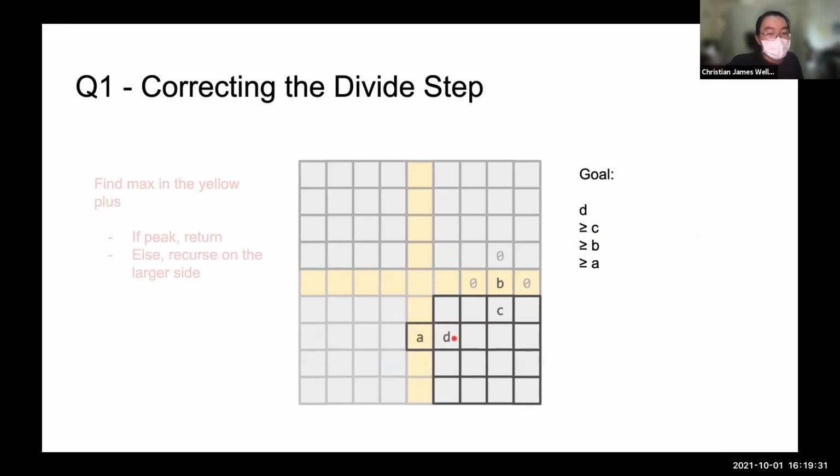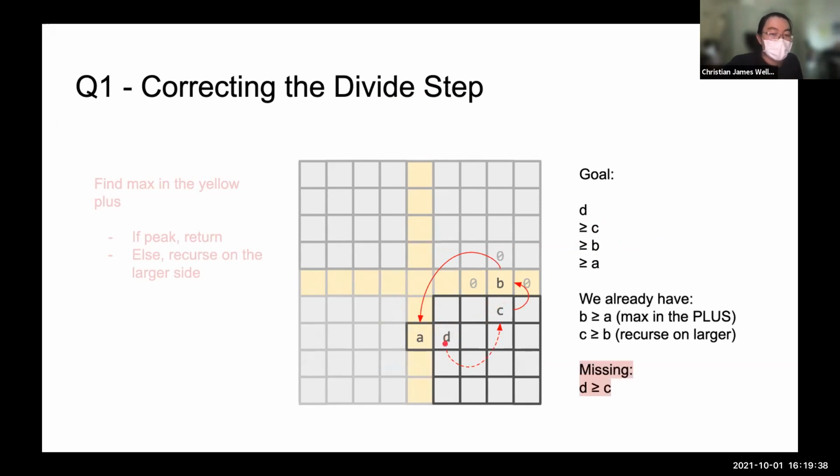So you can compare everything, but alas, this is our goal, and we don't exactly have a way to compare D and C. We don't have any guarantees that D is greater than or equal to C. We can say that C is larger than B because that was the reason we recurse to this submatrix in the first place. That's fine.